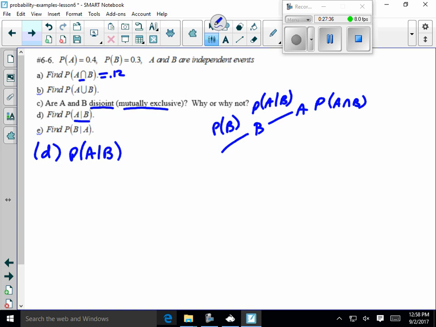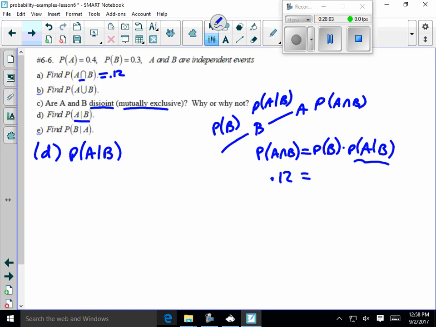So if I populate that tree, I could use that to make the AND formula. The AND formula, probability of A and B, is equal to the probability of B times the probability of A given B. So I'm trying to solve for this, right? I can solve for that as long as I have the other two quantities. We calculated earlier that the probability of A and B is 0.12.